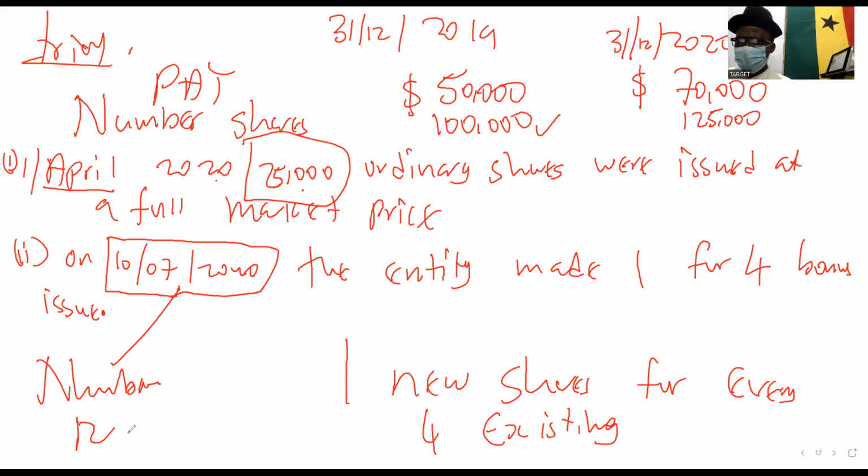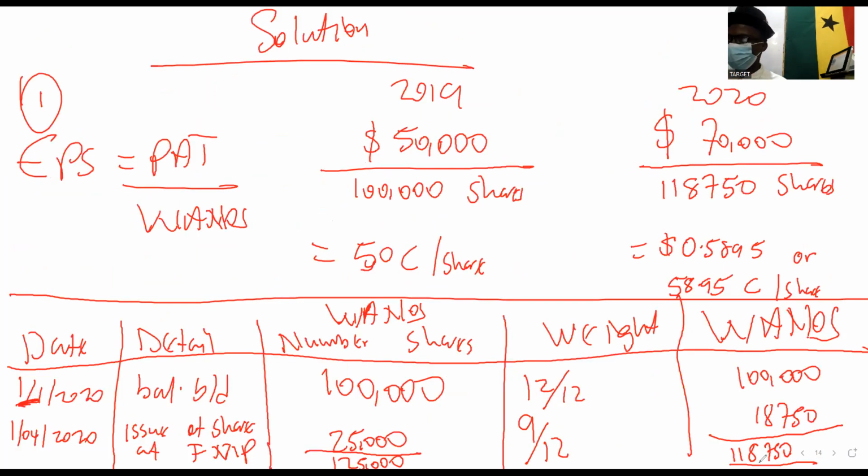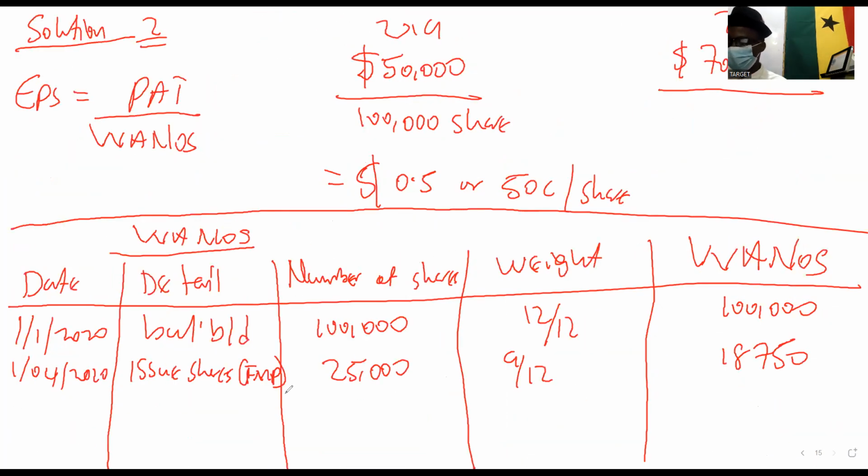So it must be the number of shares at the date of the issue, not at the start. The bonus shares should be applied to the number of shares at the time we issue them. And you can get it here. Let me show you where. Add this one, it's 125,000. So the bonus shares will be applied on this, not on the 100,000 alone.